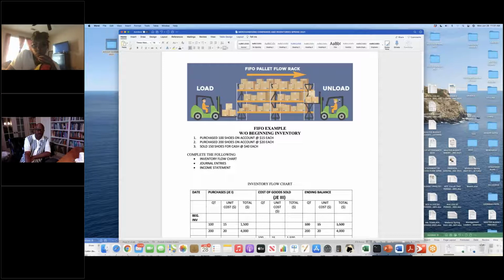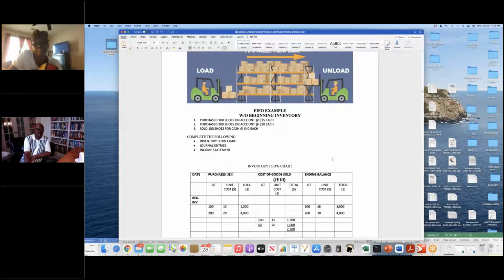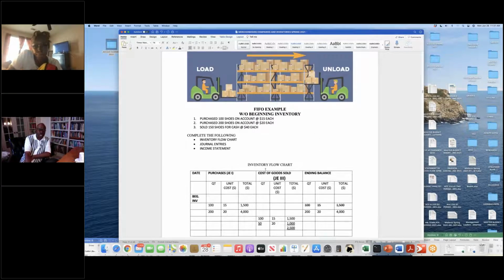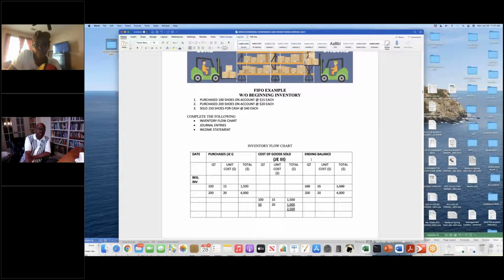So when the shoes are shipped out after they're sold, the old shoes come out first, then the new ones. Since we can have a lot of transactions, we would need a chart like this for each pair of shoes, for each shoe size. So this will all be computerized, of course.